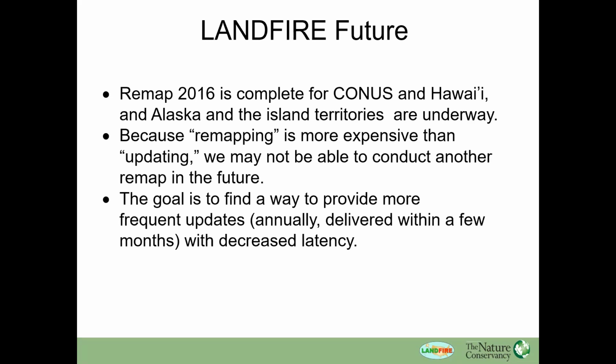So disturbances that happened in the fall of 2020 could show up in a product in the spring of 2021. That's what we're shooting for now. We've moved to that. We're trying it now. We're going to see how well it works. So the goal is to decrease latency while keeping product quality satisfactory for the kinds of applications that are most important. So that's where we're headed.